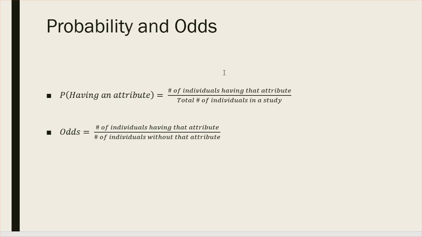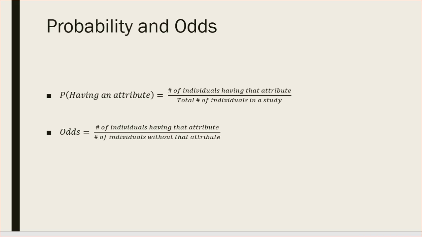So, here are the formula for the probability and odds. As you can see, probability is just the total number of individuals having an attribute divided by the total number of individuals in a study.